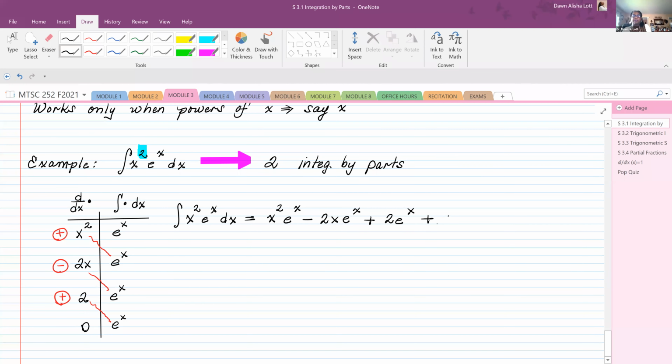So on the left-hand side, what do I get? Would it be 2 integral e to the x cosine x dx? Fine, I get 2 times the integral of e to the x cosine x dx.